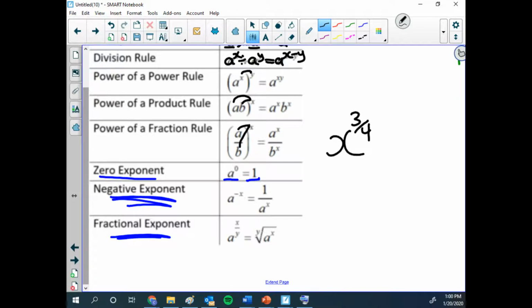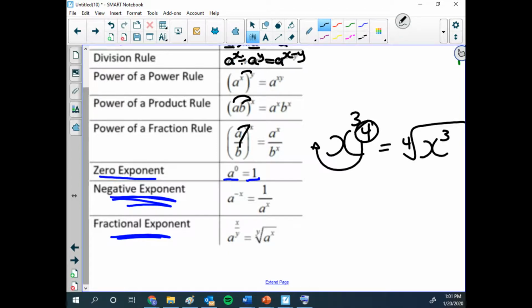Yeah, so whatever the denominator is going to become the index of my radical. So this would be the 4th root of x cubed. So you take that denominator, and it's going to become the index.